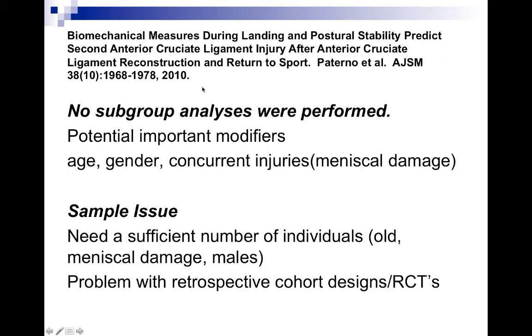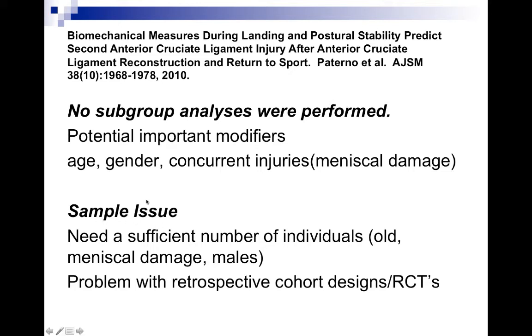So in our particular example, there was no subgroup analysis performed, and therefore the potential important modifiers of age, gender, and concurrent injuries like meniscal damage were not taken into account, and how those modifiers may have changed the estimates in the study is not being considered.